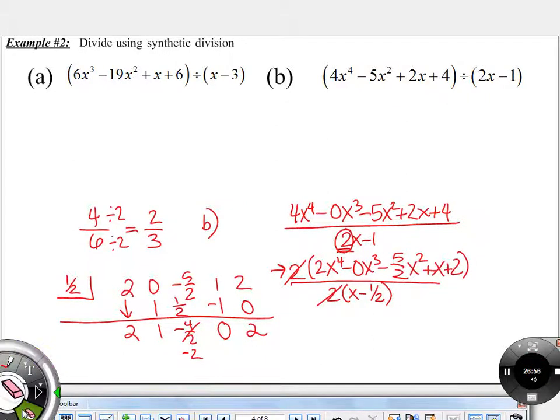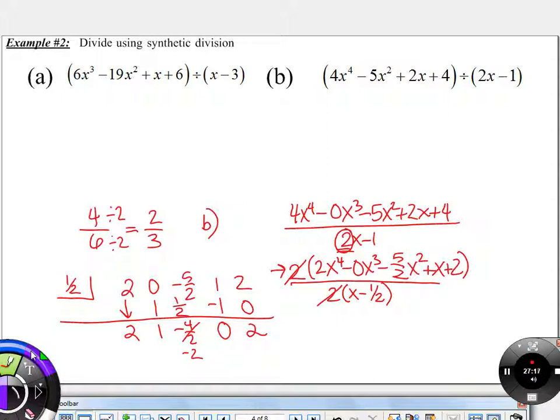Now I need to be able to look at that, and I need to be able to interpret the answer, or get the answer correct. So what degree is going to be my answer? 3. And I know that because 4th power is being divided by 1st power, giving me the highest power of 3.